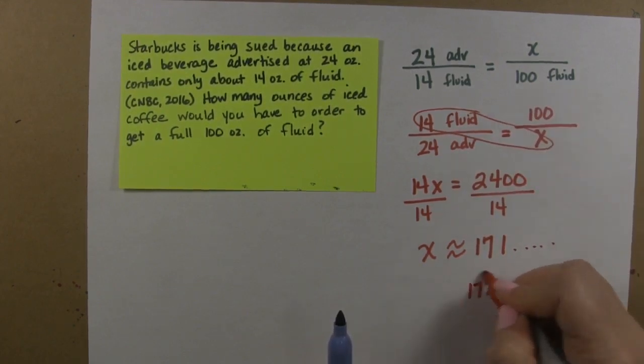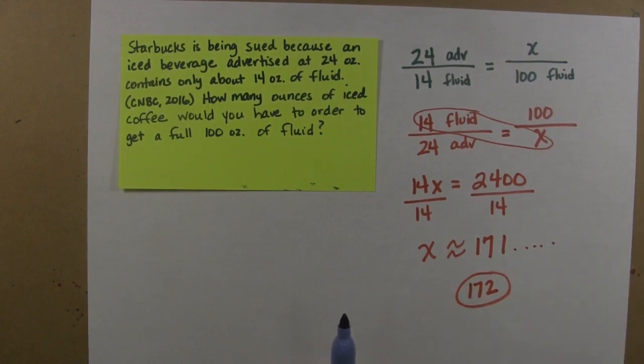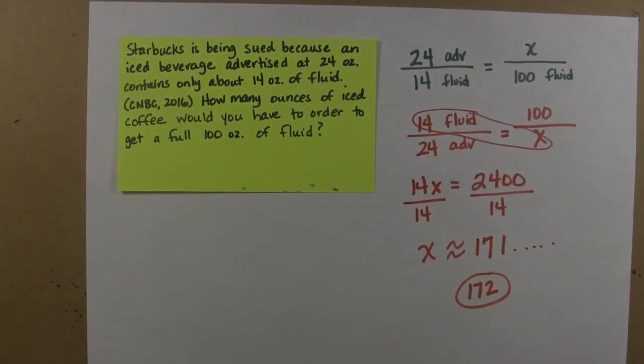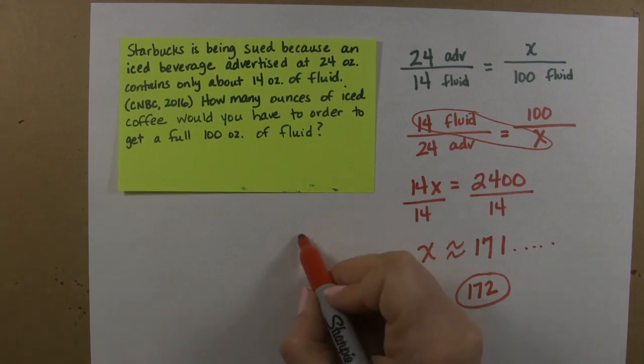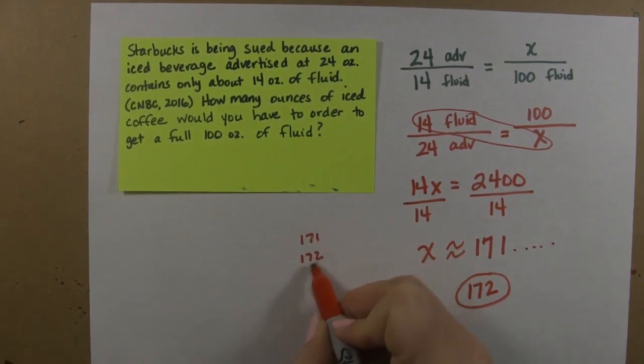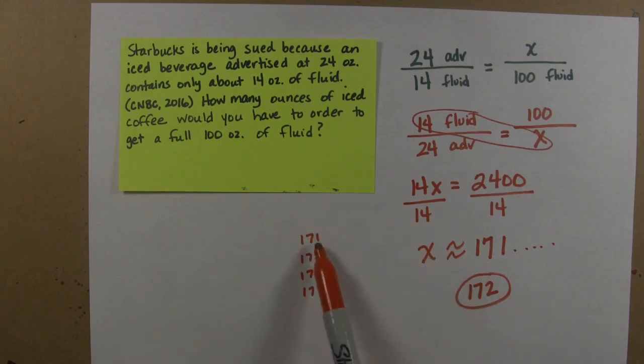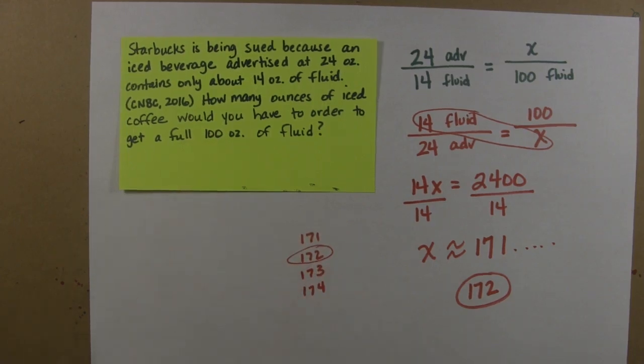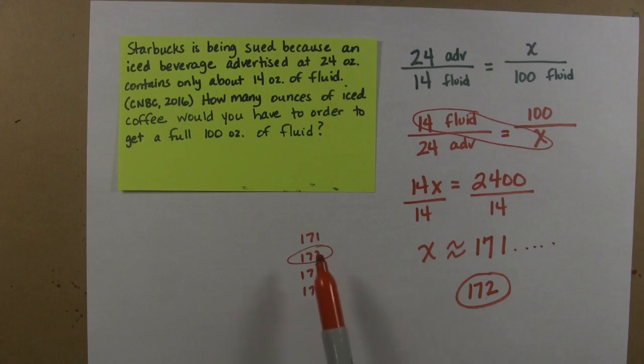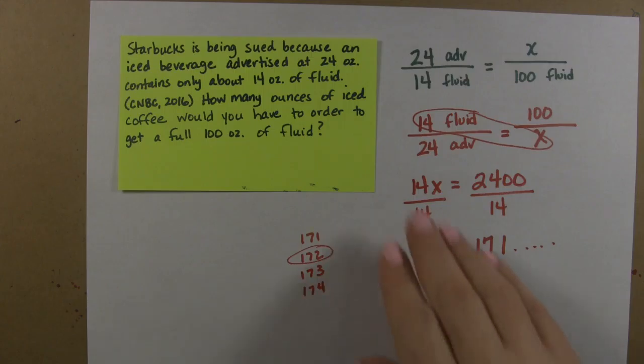So 172 might be the best answer if I'm given only, if these are my test options, 172 is going to be the best because 171 is not going to give me the full 100 ounces. I would need to order 172 ounces in order to get a full 100 ounces. Okay, so that is Starbucks.